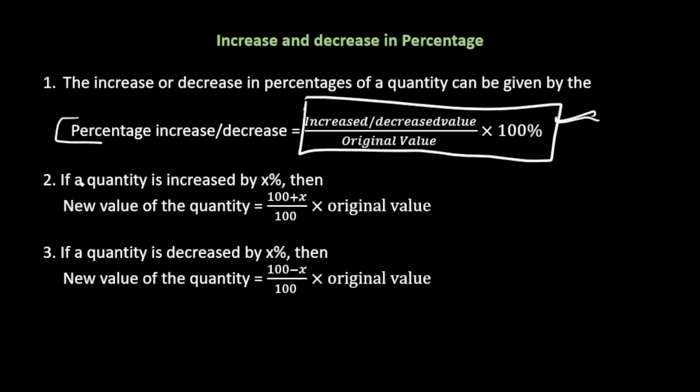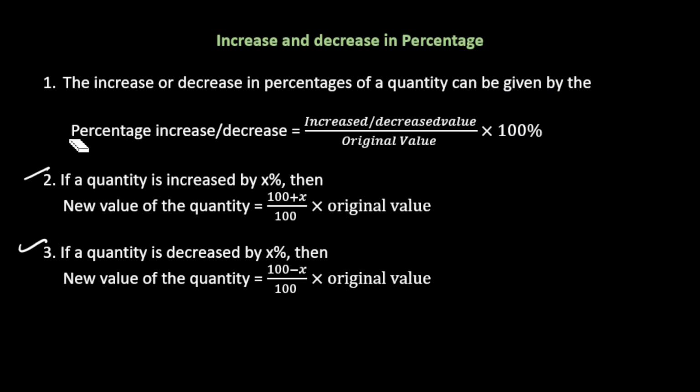These two formulas you can also make a note of. If a quantity is increased by x%, we can find the new value of the quantity by this formula: 100 plus x divided by 100 into original value.